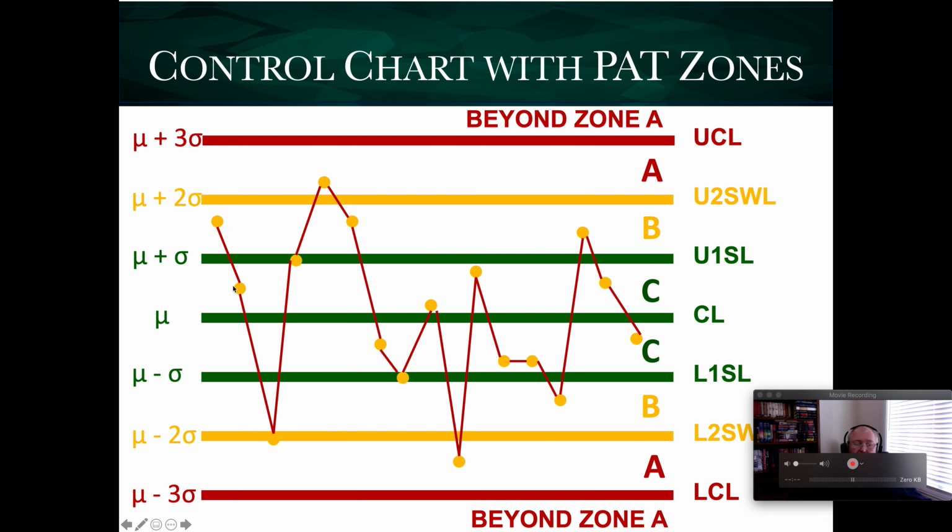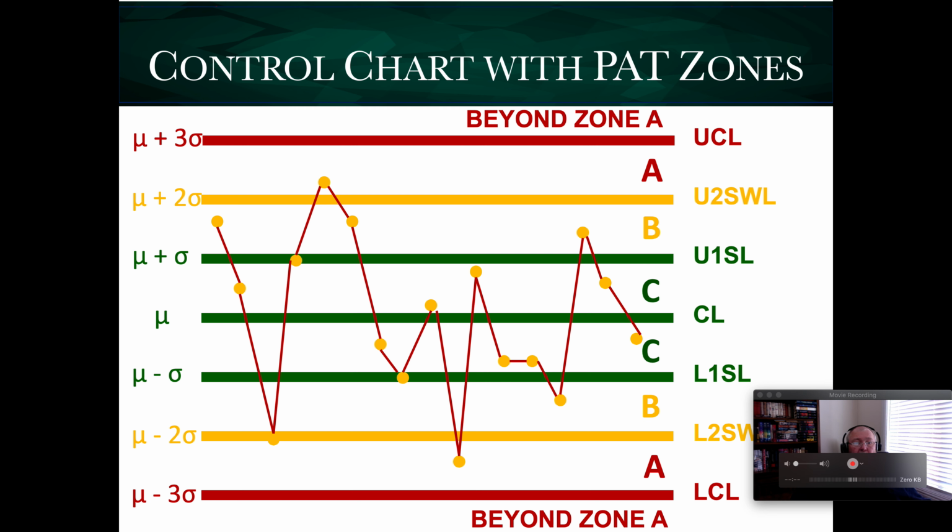They have the so-called center line that is at the average performance level of whatever is being tracked. Now, I said that very slowly and carefully, whatever is being tracked, because I might be tracking the mean. I might be tracking the standard deviation. I might be tracking the number of defects.